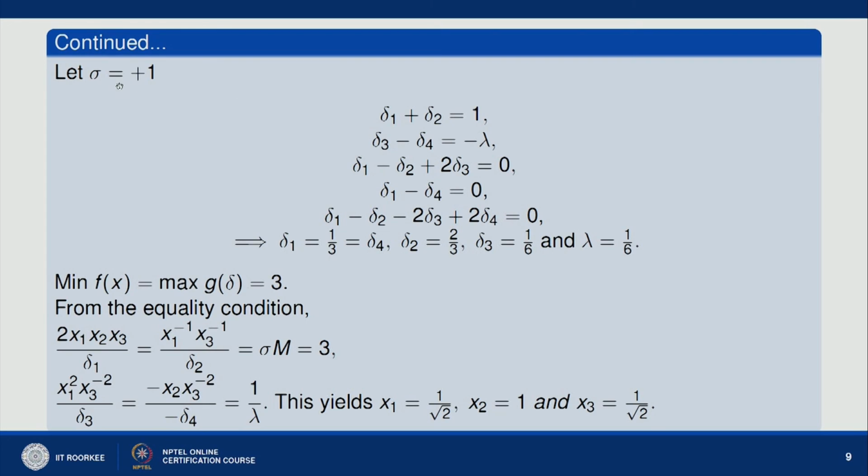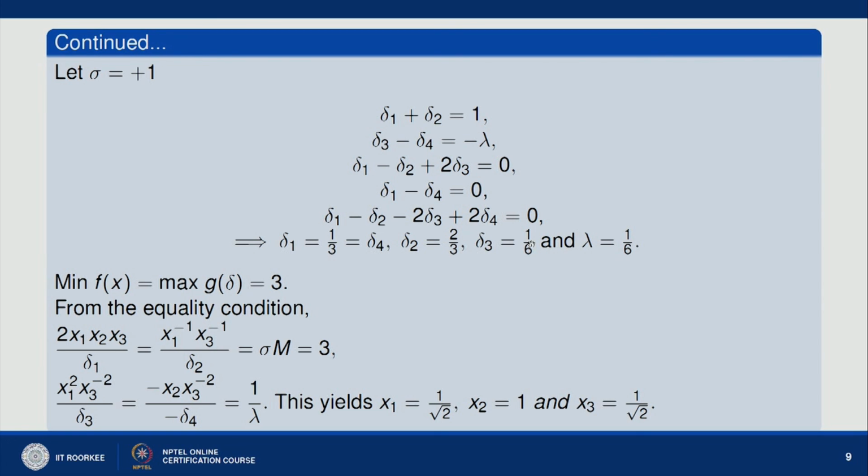Now, when you let rho as plus 1, you get the values of deltas as delta 1 equal to 1 by 3, which is equal to delta 4, delta 2 equal to 2 by 3, delta 3 1 by 6, and lambda is also 1 by 6, you can easily verify, and minimum of f x is equal to maximum of g delta is equal to 3.